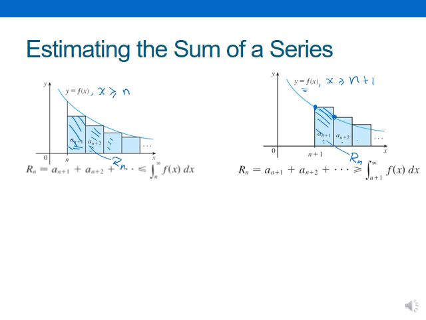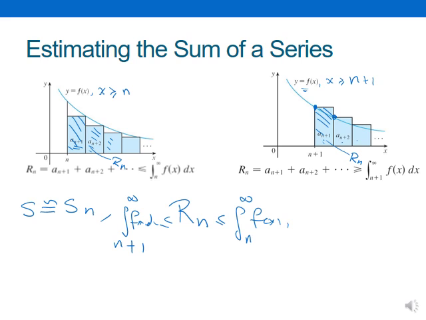So I arrive at this other inequality that gives me a lower bound for my remainder term. Now I arrived at these lower and upper bounds for my remainder term when I take an approximation for my sum to be Sn. It is bounded below by the integral from n+1 to infinity of f of x dx, and it is bounded above by the integral from n to infinity of f of x dx.